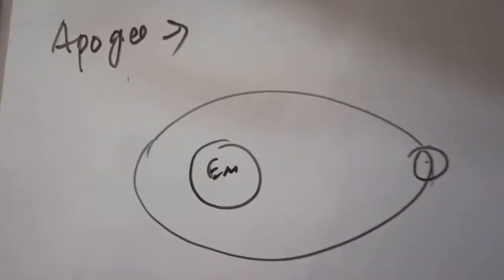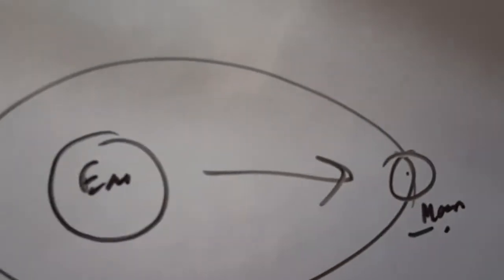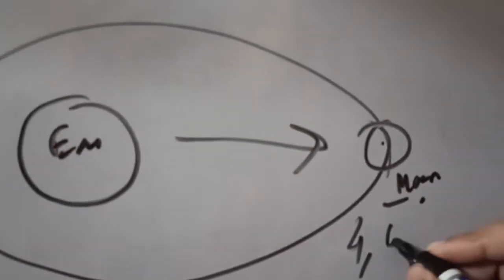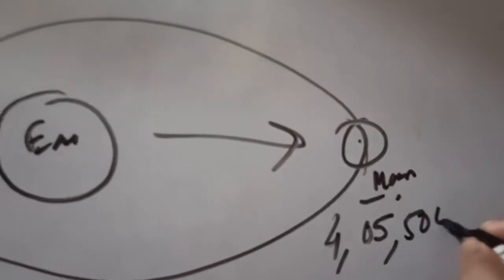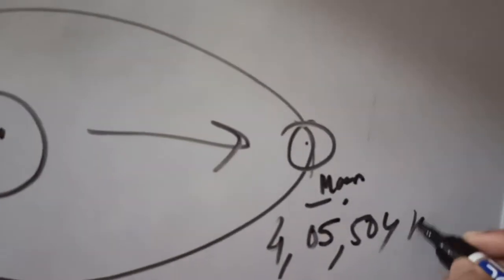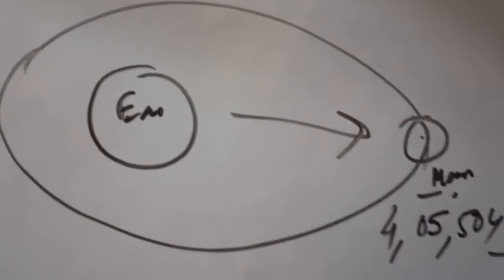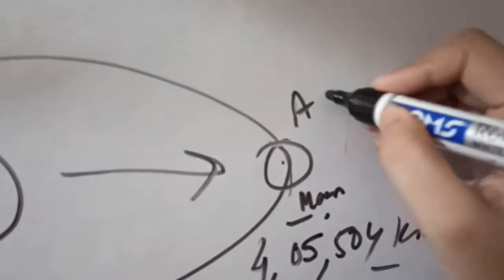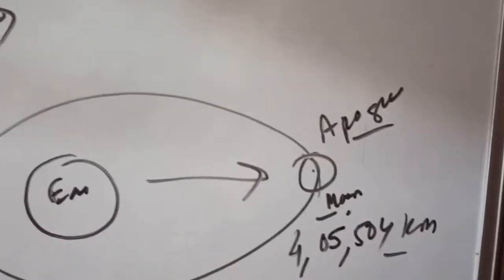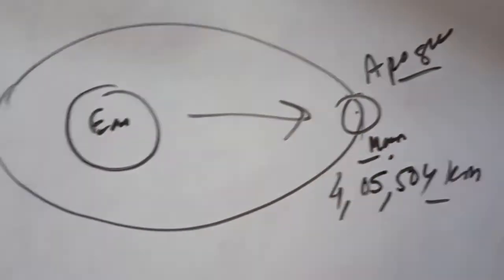Apogee means when the moon lies farthest from the earth, at a distance of about 4,05,504 kilometer. This position is known as the apogee position. You have already studied aphelion and perihelion. Ap means away, so when the moon lies farthest from the earth, we call this position the apogee.